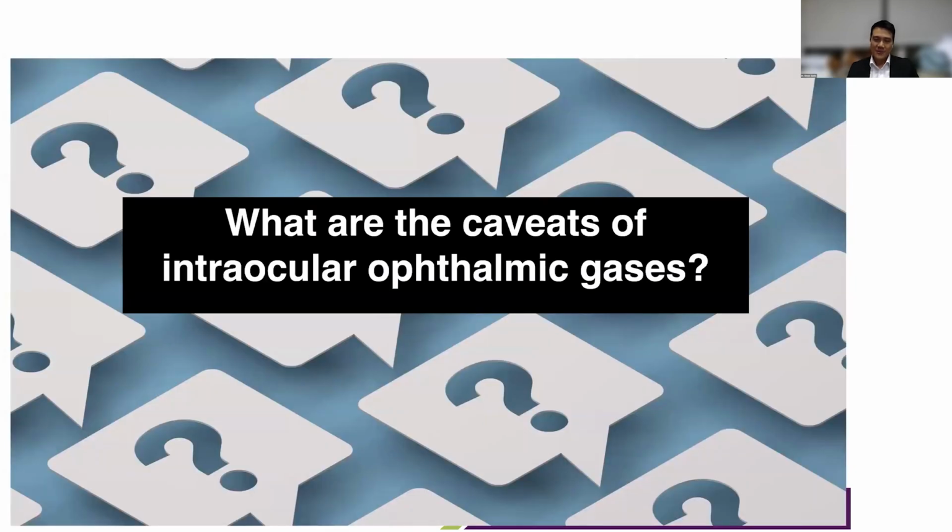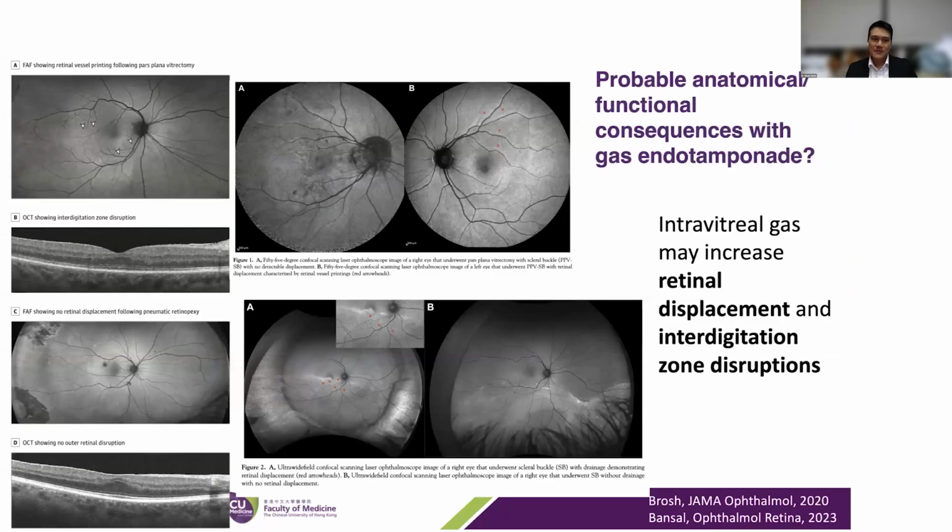We all know that ophthalmic gases are commonly used in fixing a variety of retinal conditions, but are there any caveats or limitations of intraocular ophthalmic gases? First of all, we're reaching an era where we're not just aiming to achieve retinal attachment in retinal detachment surgery.